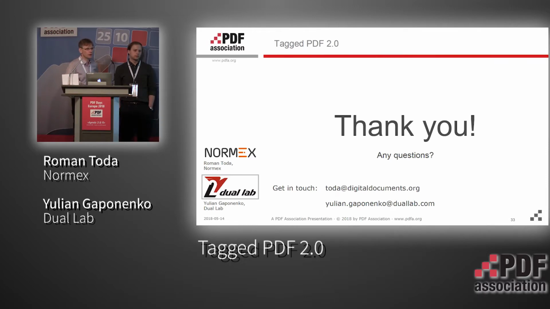But at some point you have to provide role mapping to standard structure element types. So a processor can rely on the information you provided from Word, like style number 1, my own style, but the PDF has to contain the information about the standard structure element type as well. So this is something that has to be provided.